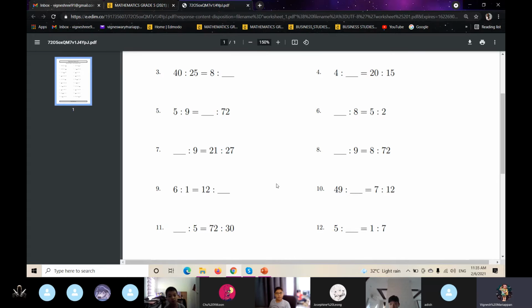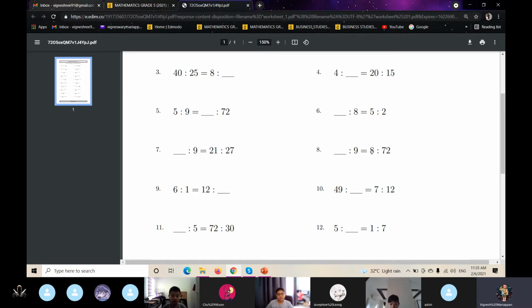Okay, so since the question is missing, correct? The second ratio is 9 and also the second ratio is 72, right? Don't sleep on the table. So 72, you divide by 8 to get 9, correct? Or else 9, you times 8 to get 72.